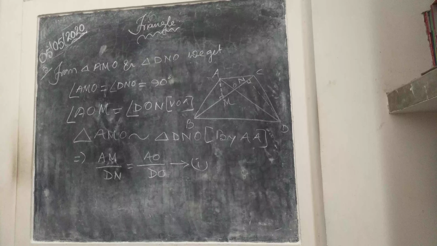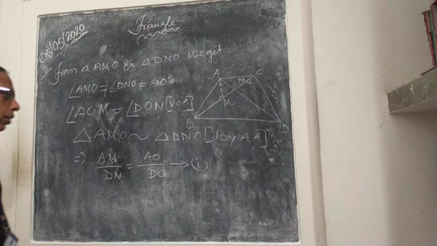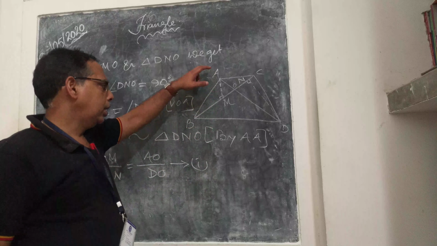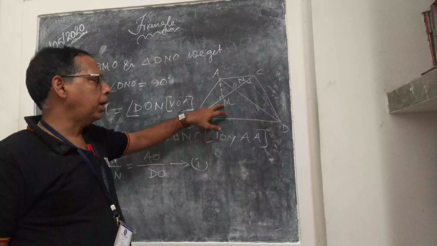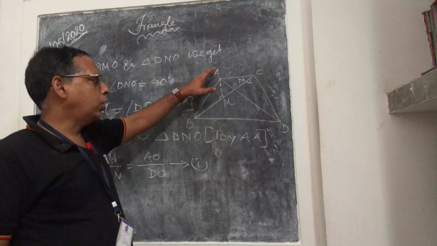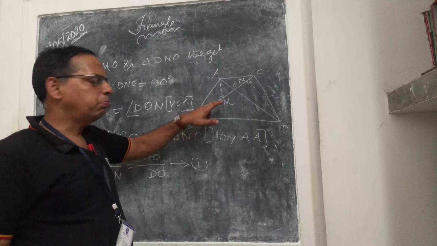Now you see, the area of triangle ABC is nothing but half into AM into BC.